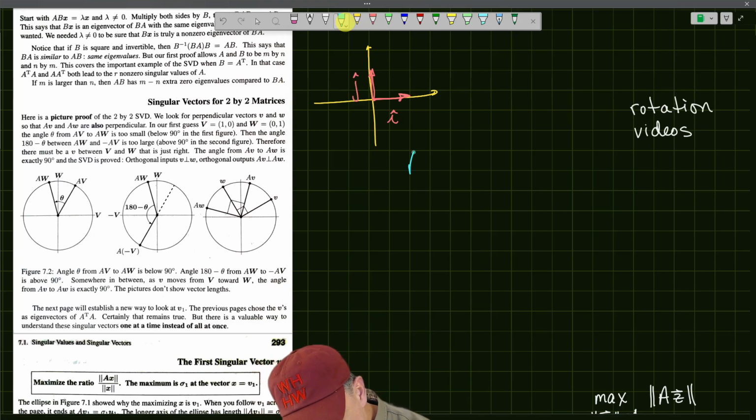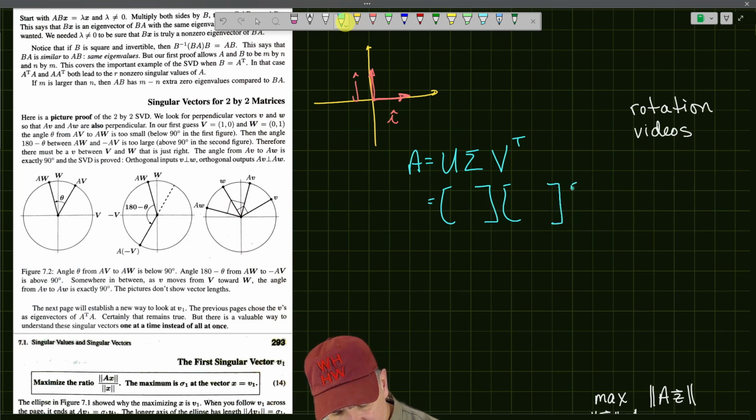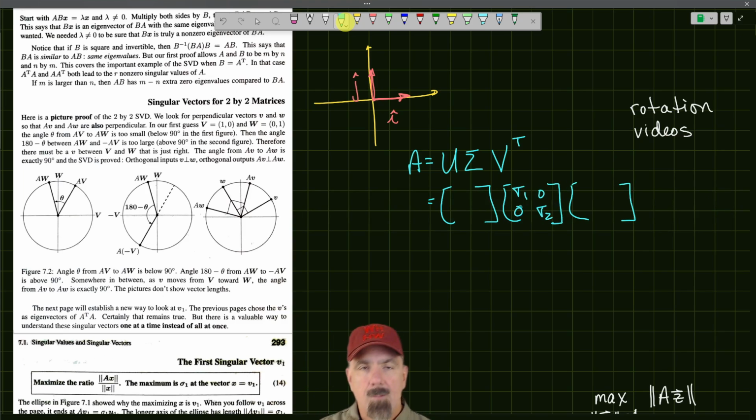Think about A is equal to U sigma V transpose. Well, in the 2x2 case, this is a 2x2 matrix, this is a 2x2 matrix, this is a 2x2 matrix. We have sigma 1 and sigma 2 here. Remember, the singular vectors are really just the eigenvectors of A transpose A and A A transpose.